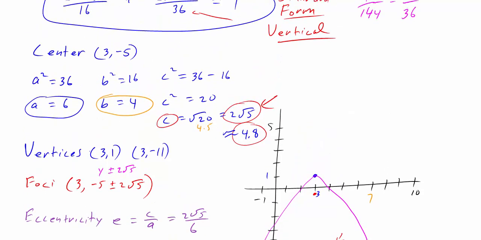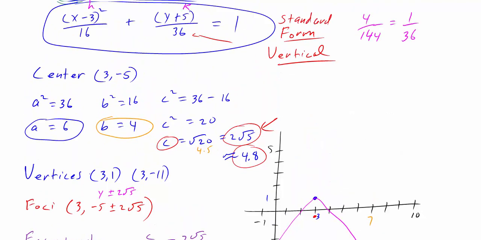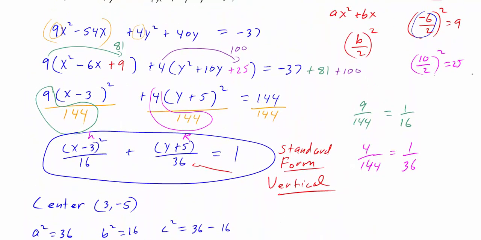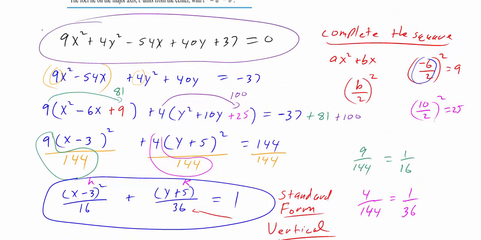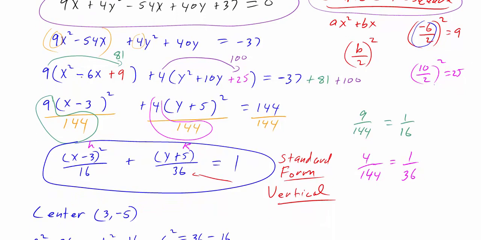So here you have an example of how, first, given the equation, we have to put that in standard form, and one of the techniques you're probably going to use if that's the case is to complete the square. So just remember that when you complete the square, the coefficient of your x squared and y squared must be 1. If not, you're going to factor like we did here.